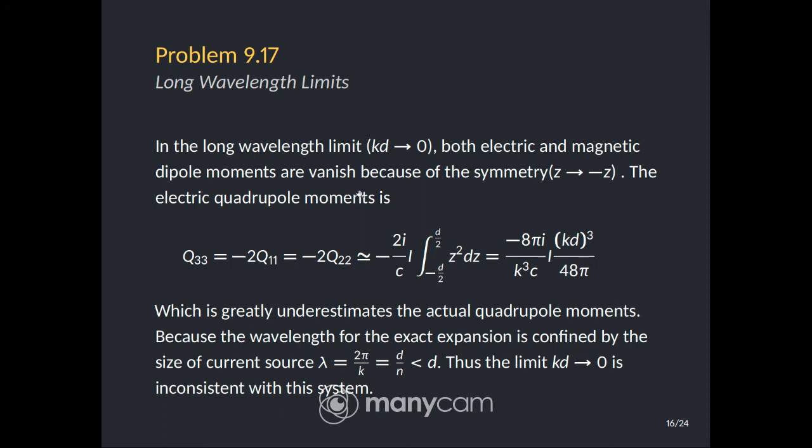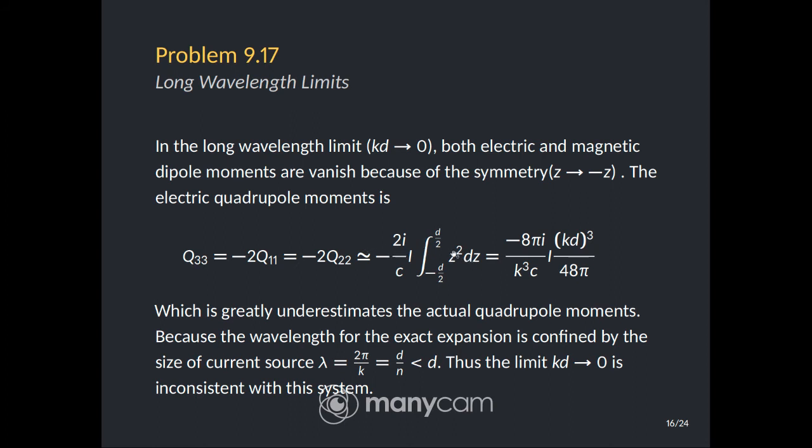In the long wavelength limit, the cosine kz in our integral can be replaced by unity, because z is bounded by the current size. The cosine kz can take a value about equal to cosine kd, and kd goes to 0, so the cosine is almost equal to cosine 0, which is equal to 1.